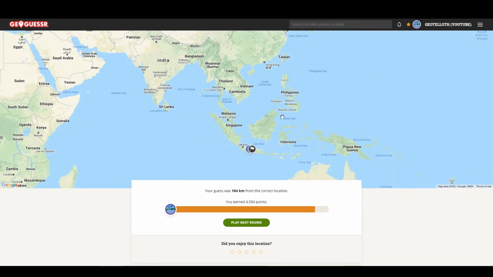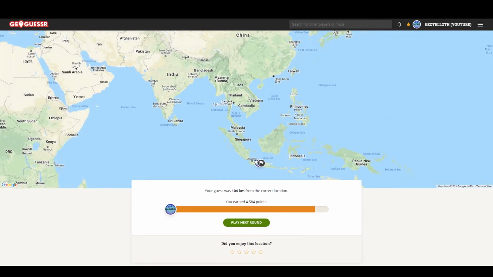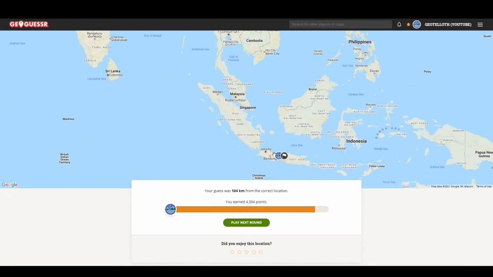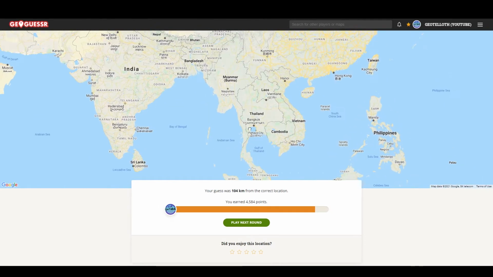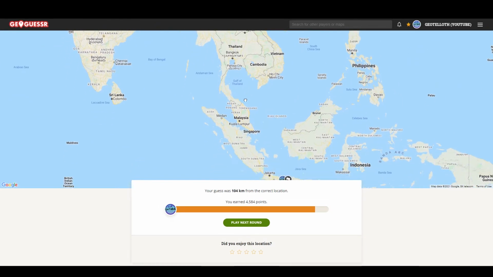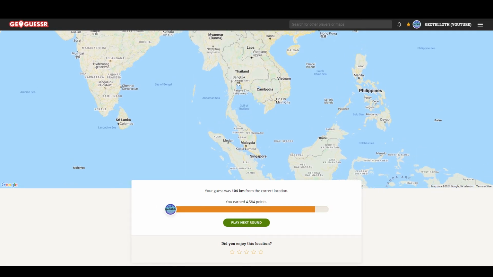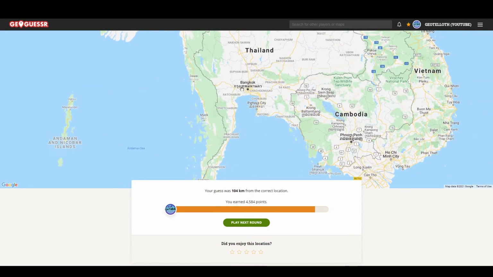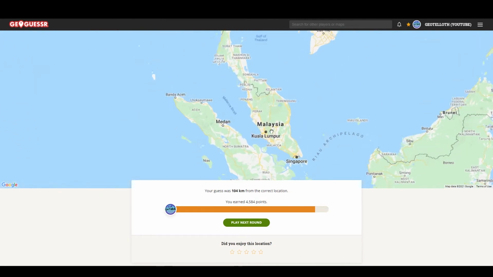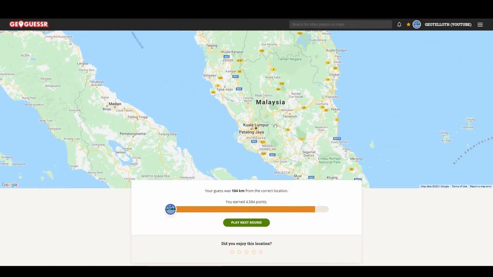Sometimes it's very difficult to tell the difference between a lot of the left-hand side driving countries here. So you've got Indonesia, Malaysia, Thailand. Those all drive on the left. The main difference between them is the languages. So Thailand has the Thai alphabet, and Malaysia, Singapore, and Indonesia can sometimes be easy to mix up.